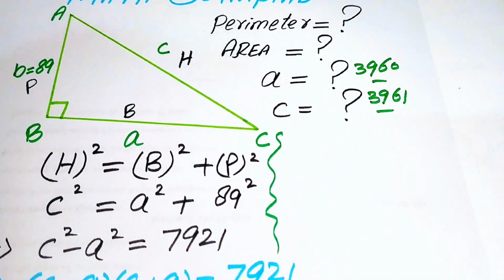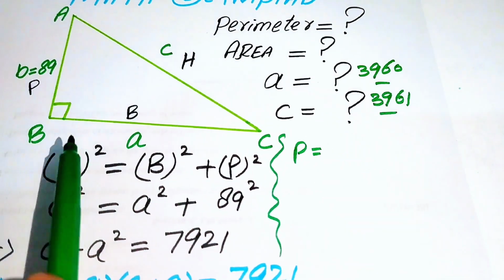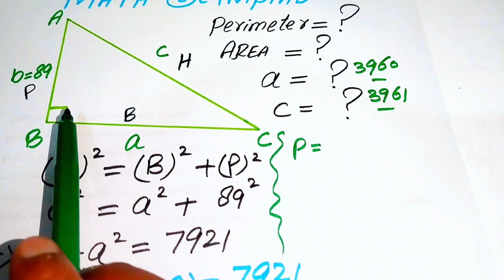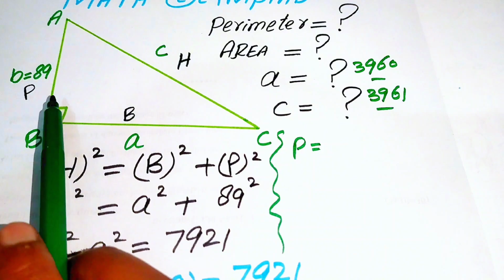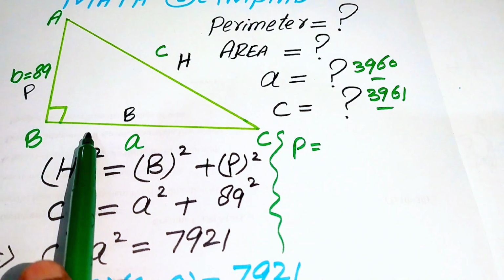So here you see that the perimeter P equals, we know that the perimeter is the sum of all the lengths of the sides of a triangle.